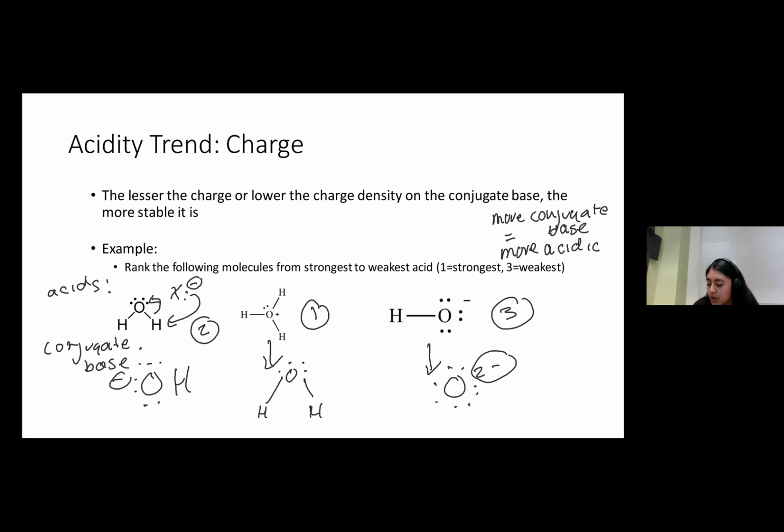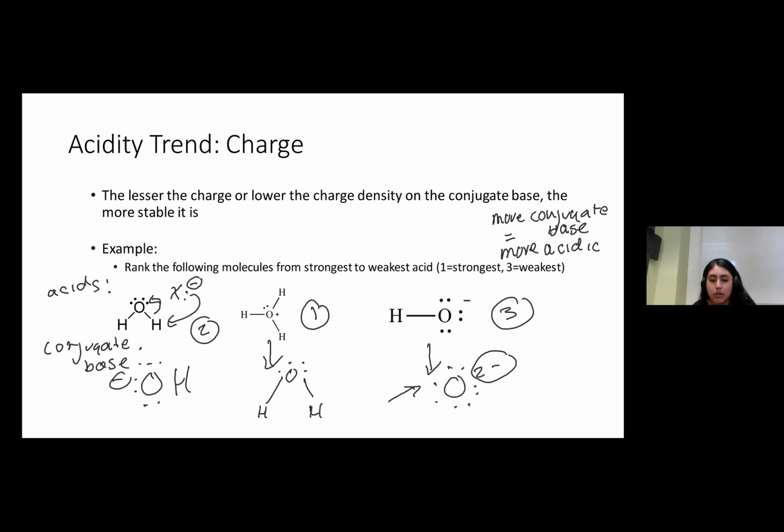Just to focus on this one right now, it makes sense that it is the least stable. This conjugate base is least stable because you have a lot of charge in one molecule, and we know that charges repel. So we want to be able to delocalize those electrons, because delocalizing is more stable. If you have them all in one spot, that is not very stable.